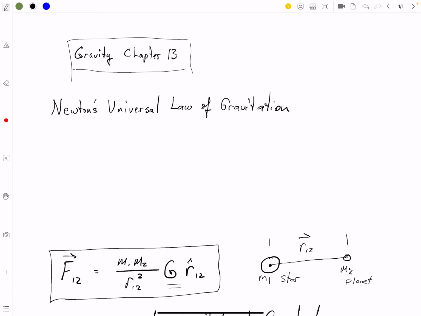You take the masses, you multiply them together, and you divide by the distance between them. That's this distance here. So we call it R12, distance between 1 and 2, and we square that. And then we multiply by the universal gravitational constant. And of course, that's going to be in the direction of r hat.